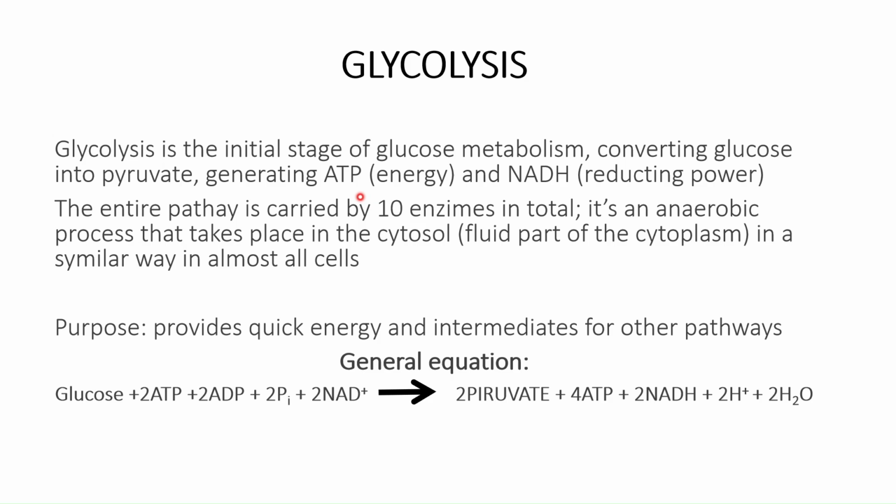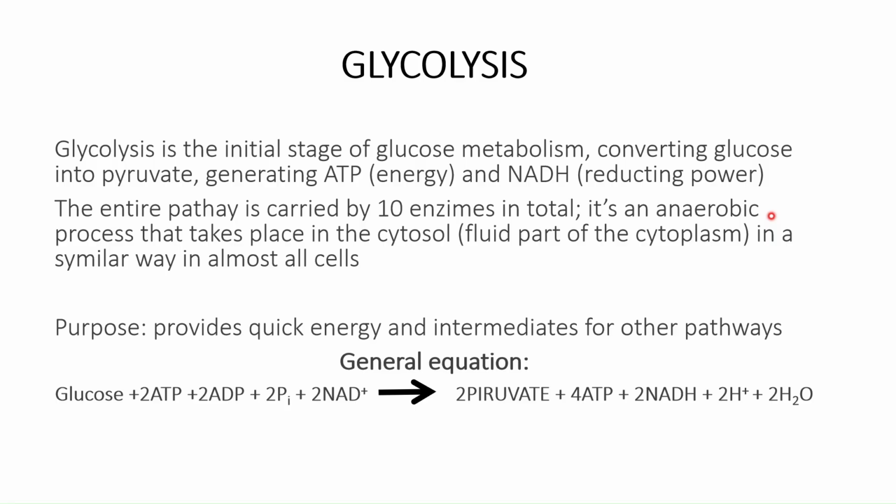It's an anaerobic process, and it takes place in the cytosol, which is the fluid part of the cytoplasm. And it's basically the same in every cell. It doesn't have many variations, and we don't actually need oxygen in order to perform it, which is why I insist that this is an anaerobic process.